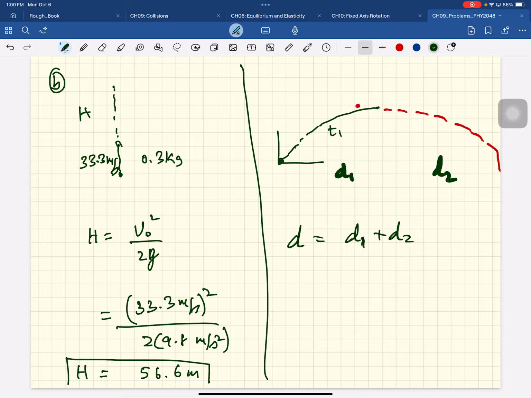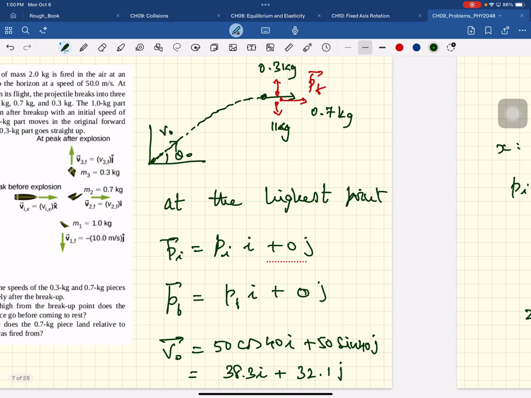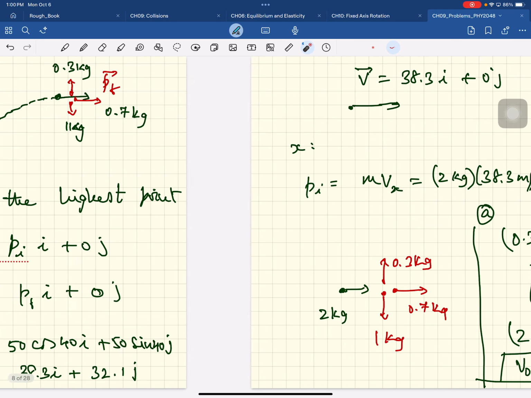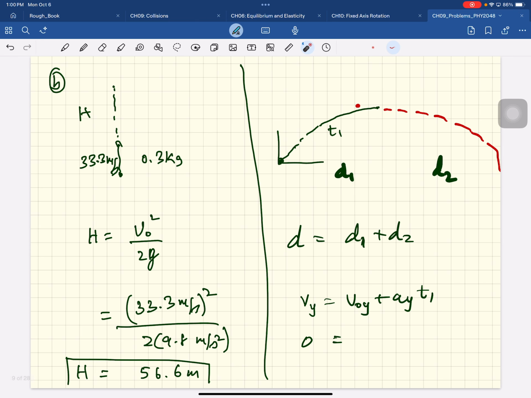The way we'll calculate that is Vy equals V naught y plus Ay times T1. At the top, the y component of the velocity is 0, and the initial y component of the velocity is there. And Ay, the acceleration, is in the downward direction.